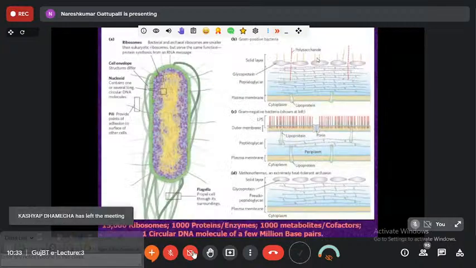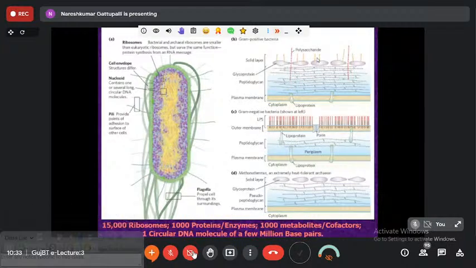So this is a typical bacterial cell of 1 micron in size. Interestingly, this organism evolved on Earth something like 3.7 to 3.5 billion years ago. And our Earth is something like 4.8 billion years old.